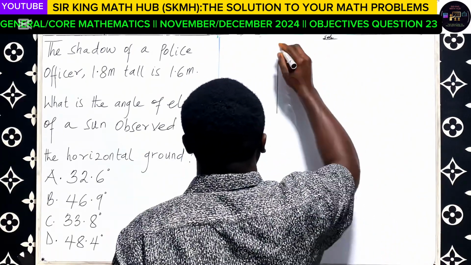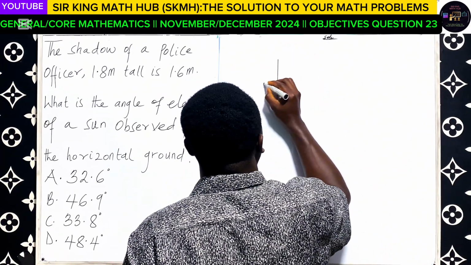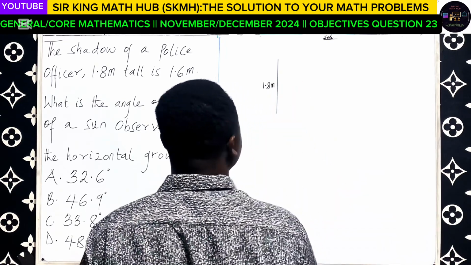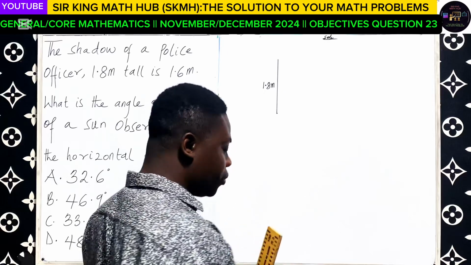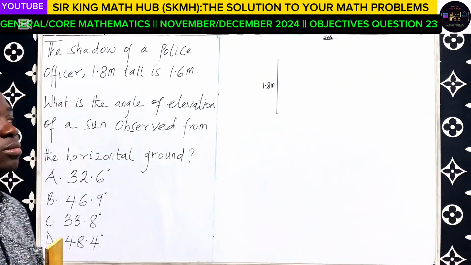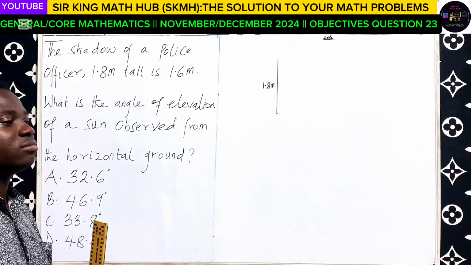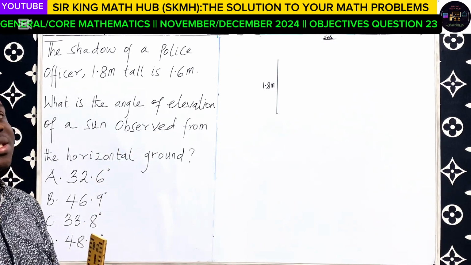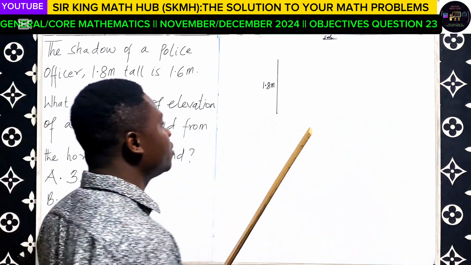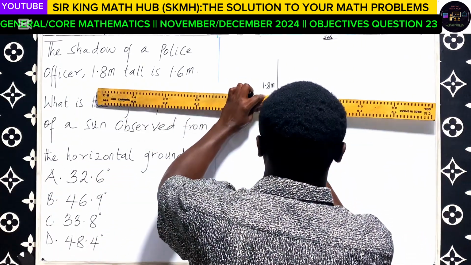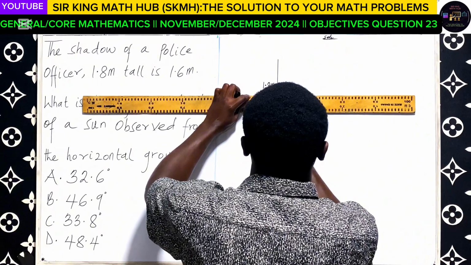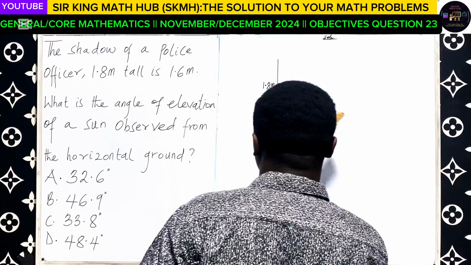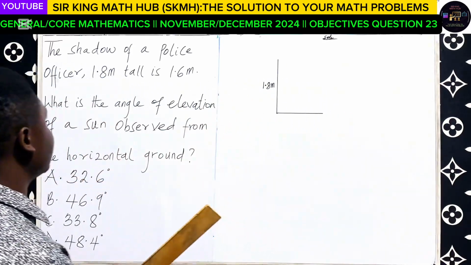This is the height of the police officer, 1.8 meters. So where do we place the shadow? In real life, where would the police officer's shadow be? Obviously, his shadow will be on the level ground. Then what is the length of his shadow?